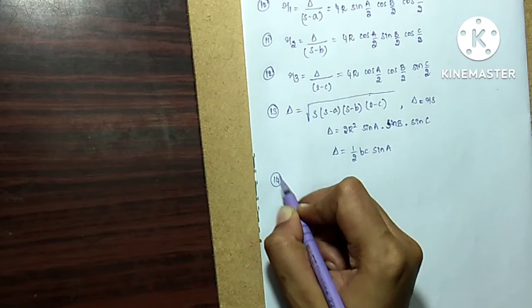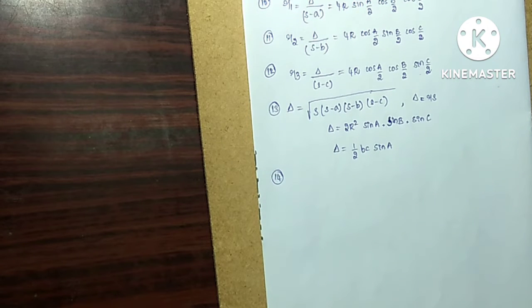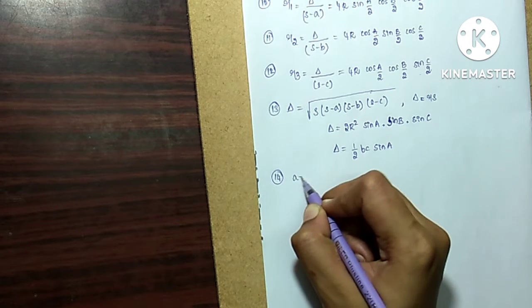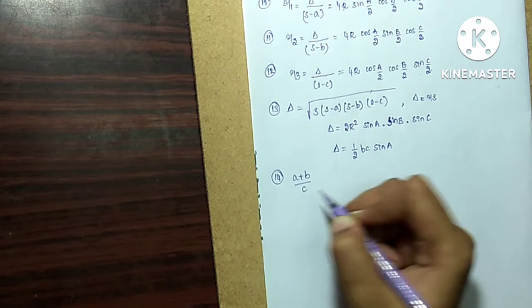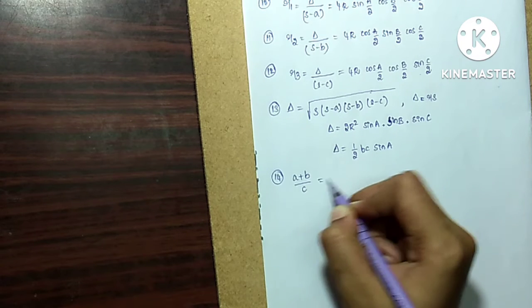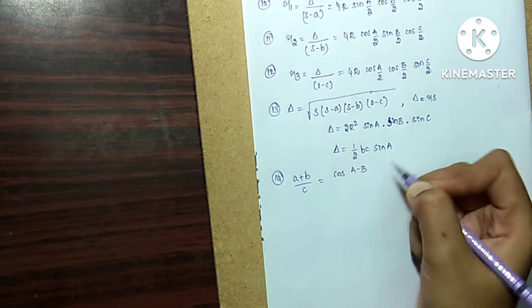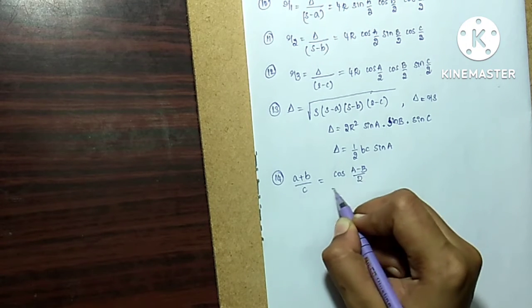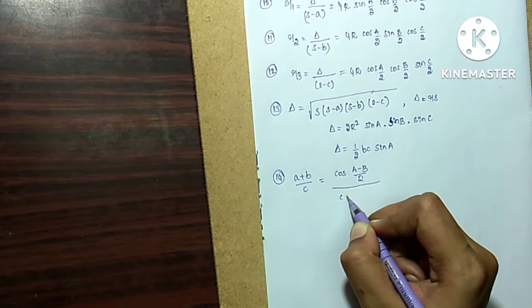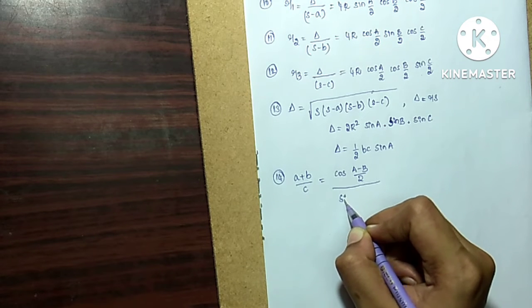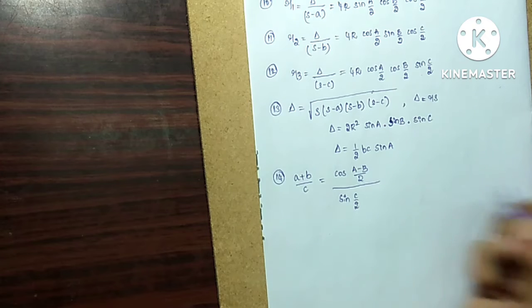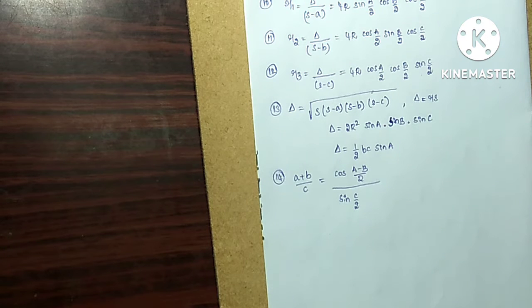And the next formula, the 14th one, is (a plus b) by c is equal to cos of (A minus B) by 2 divided by sine of C by 2. You will get 100% for this formula.